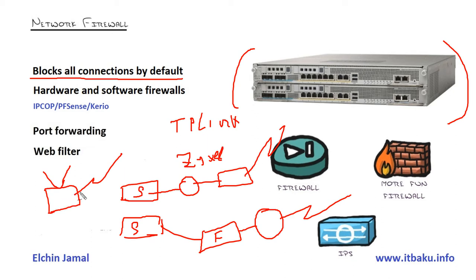But anyway, for home or for small office, it will do fine. Anyway, we have here two devices in one, firewall and router, but it's mostly router than firewall. But here, this device is mostly firewall than router. So we can connect this device to our switch, and it's fine.